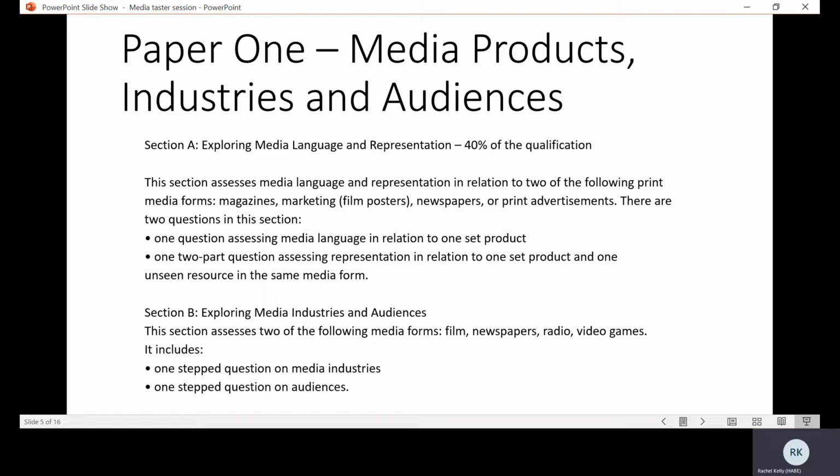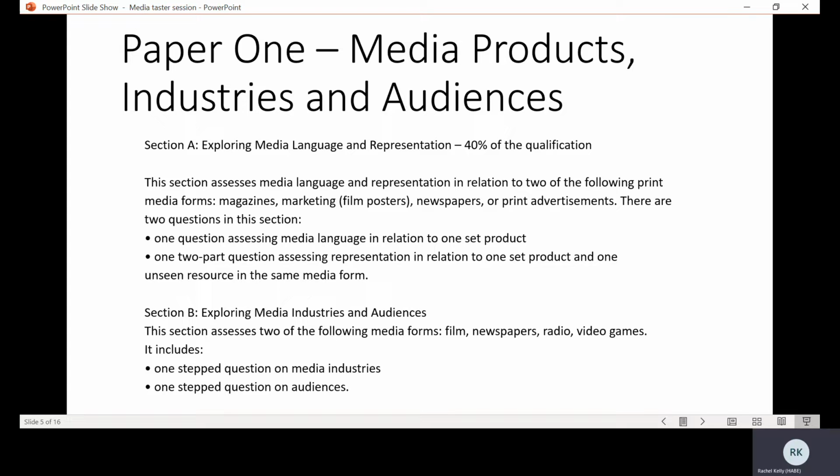So you won't be examined on every single product that we study, but obviously we don't know which product's going to come up in the exam, so we need to learn all of them. And you'll have 1 question assessing media language and another 2-part question assessing representation. And this is quite often a comparison question, and it'll ask you to compare one of our set texts to something that perhaps you haven't seen before.